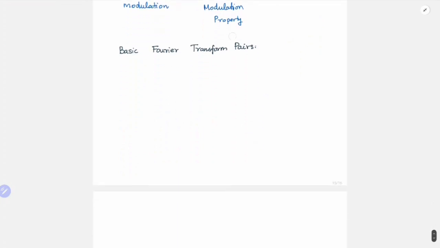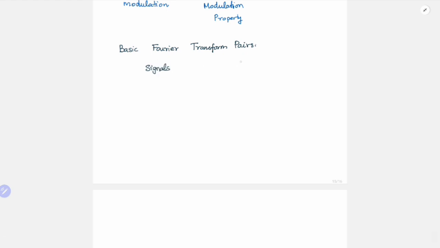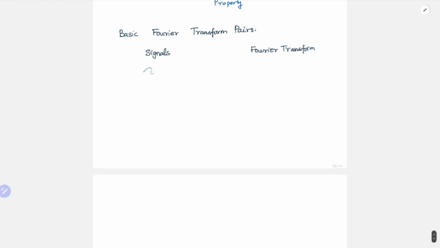Now let us see some basic Fourier transform pairs. So I will write the signals here and their Fourier transforms here. The first one we will see is with respect to the periodic signals given by the complex exponentials.